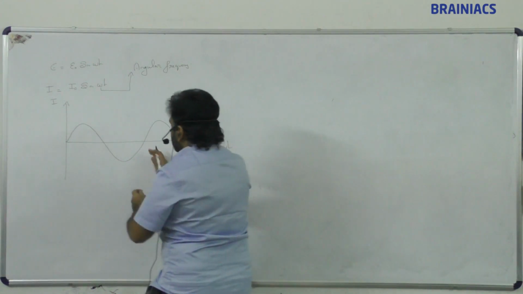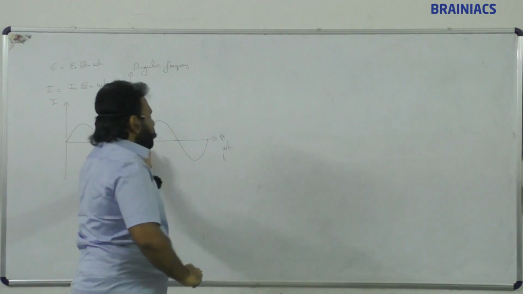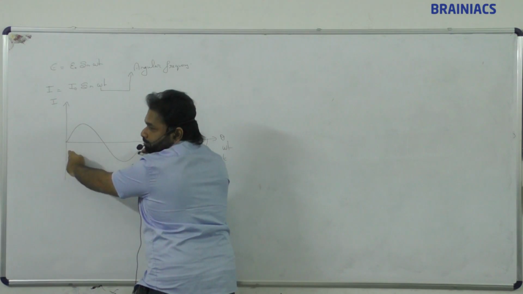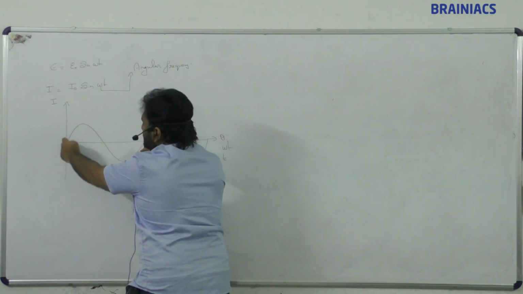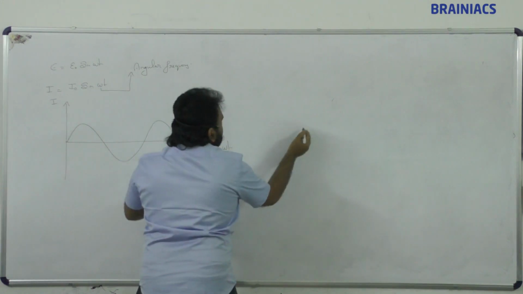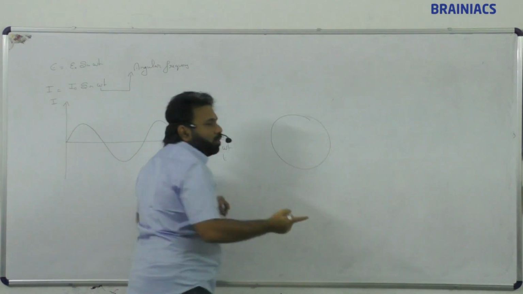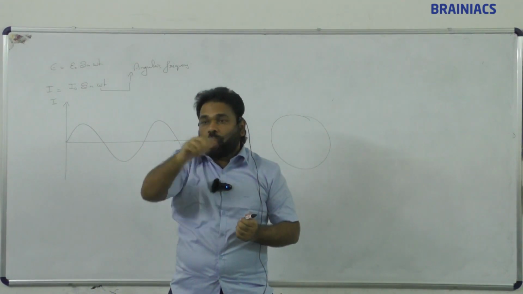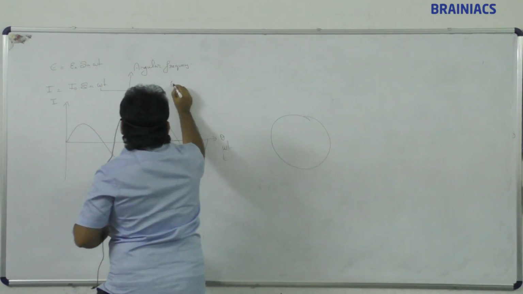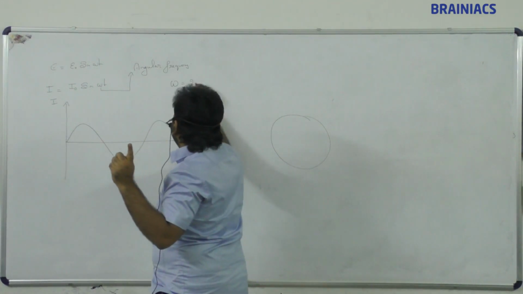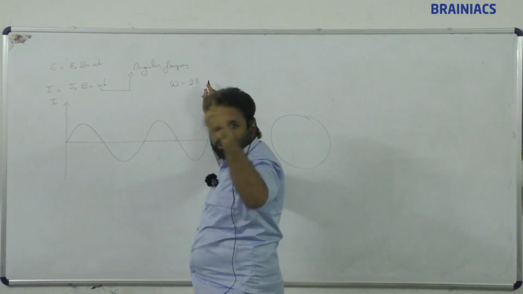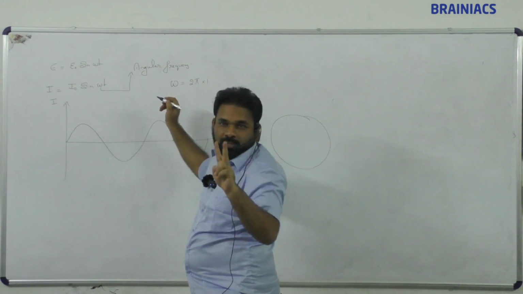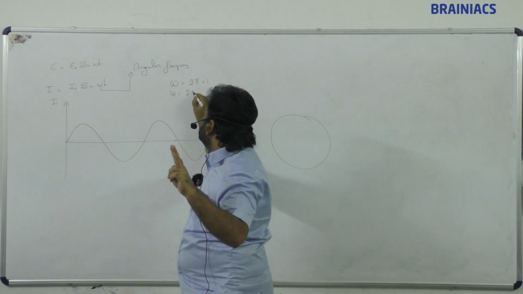If this is 1 second, we can say frequency is 1, one cycle, if we compare this with circular motion. If there is only 1 circle, then omega is 2 pi into 1. Double, then omega is going to be 2 pi into 2.